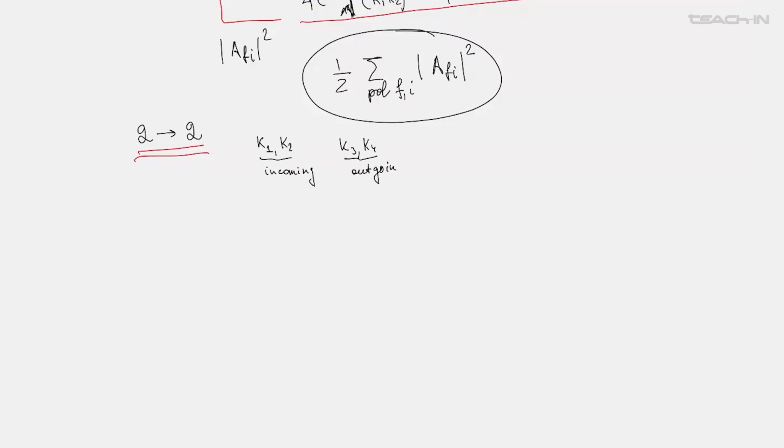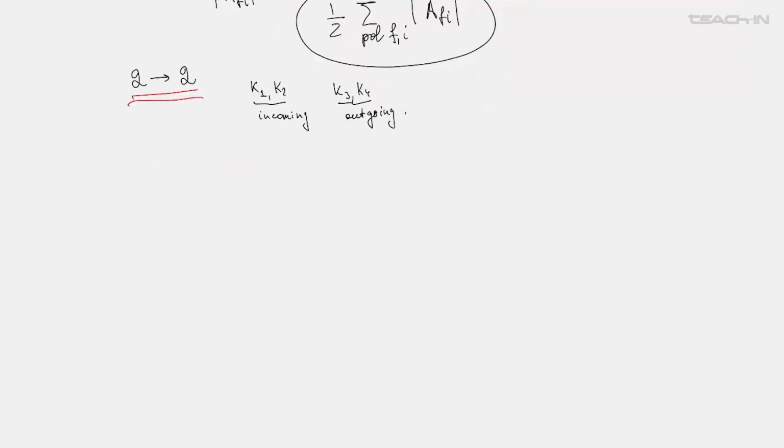Since the cross-section is Lorentz invariant, we can compute it in any Lorentz frame. And as we discussed, the most convenient is the center of mass frame. So in this frame, K initial, K in, is equal to 0. And what is K in? K in is K1 plus K2, right?